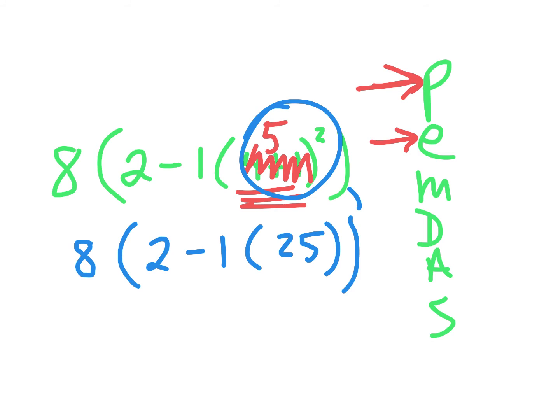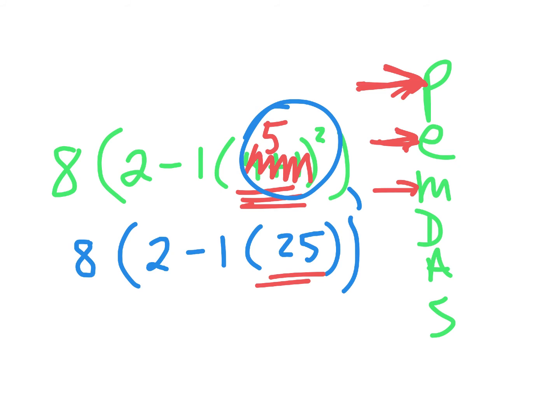Okay, so now I go through again and say parentheses. Is there any parenthesis? Yeah. If there's more than one parenthesis, I go to the inside parenthesis. Are there any exponents that I need to do to that? Nope. Is there any multiply I need to do to that? There is a multiply. What is times by that 25? Yeah, the -1. Good point. It's a -1.